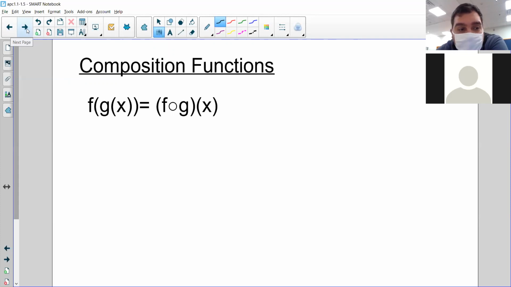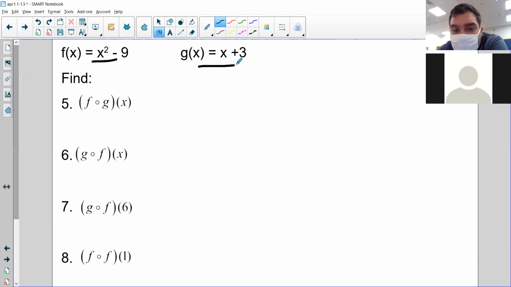So how do we actually use it? Same functions as last time, so no need to change. Let's talk about number 5: f of g of x.